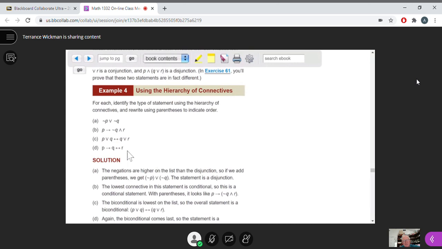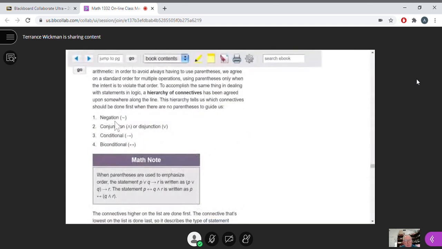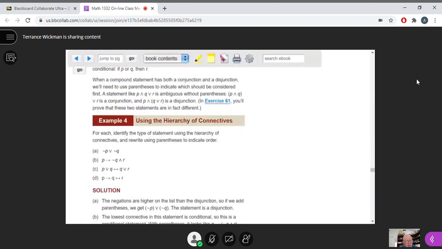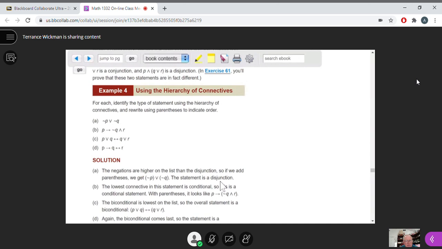Disjunction. Again, going back up, if you recall, conjunction was like this. Disjunction was upside down V. This is an upside down V, and we know clearly an upside down V is a disjunction.